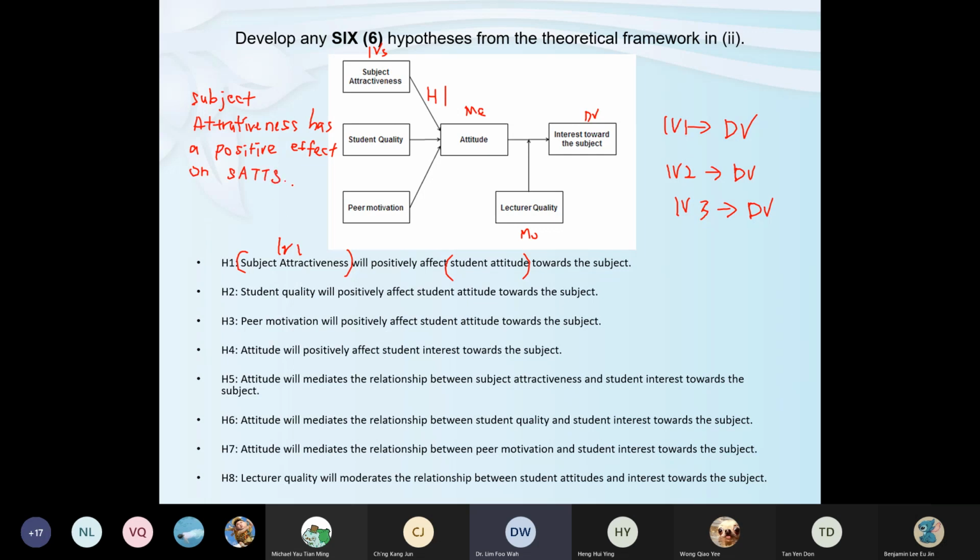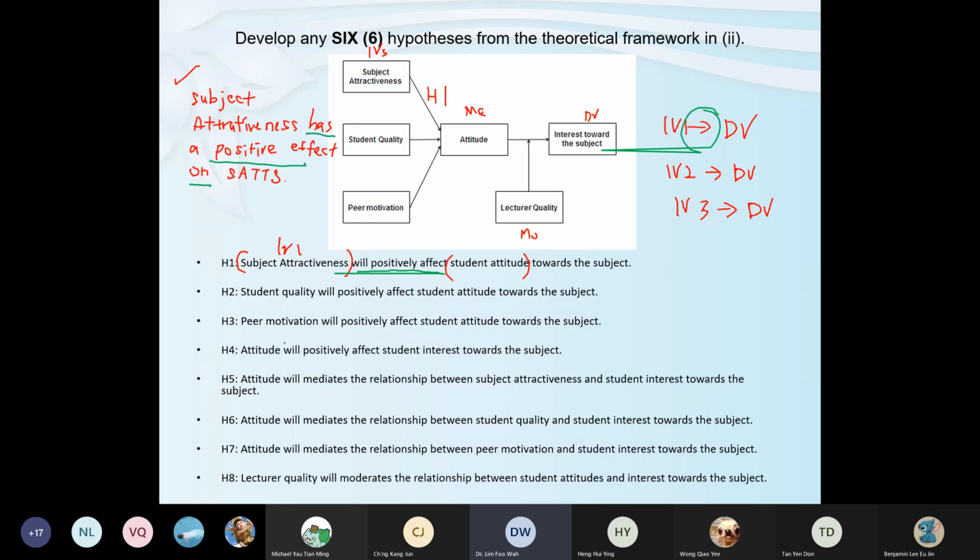Full stop. Remember to put a full stop. This one is also accepted. Just bear in mind, you need to have a linkage between two variables, and how you write this arrow in the sentence, you can write has a positive effect on, or will positively affect. Both are also accepted.